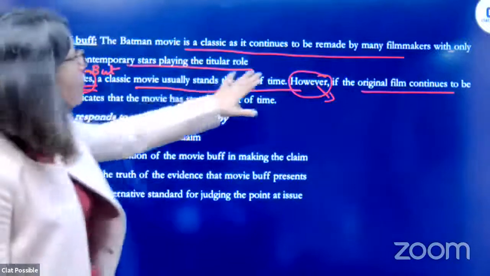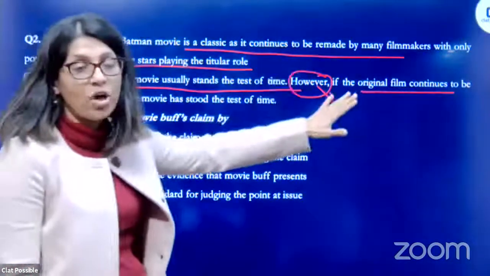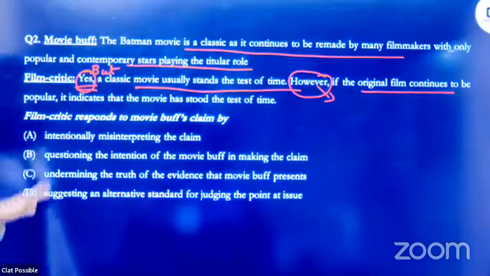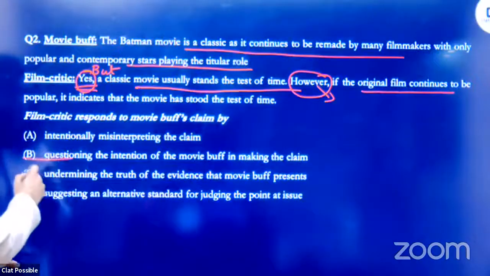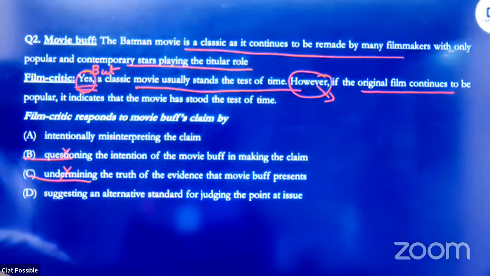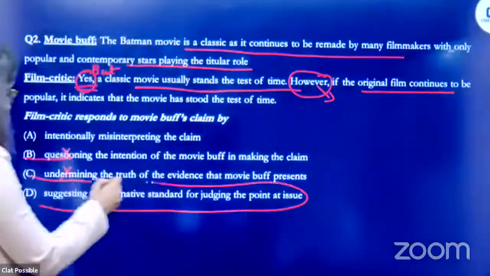But the movie buff focuses on the stars as the reason and the film critic focuses on the quality of the original film. So there is no questioning or undermining because both agree on the classic film thing. The difference only is in the reason.